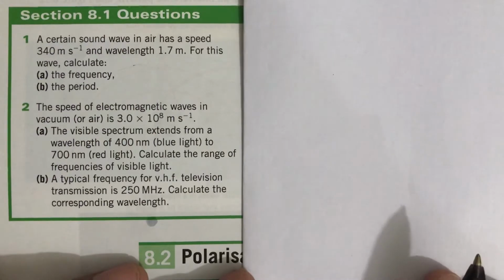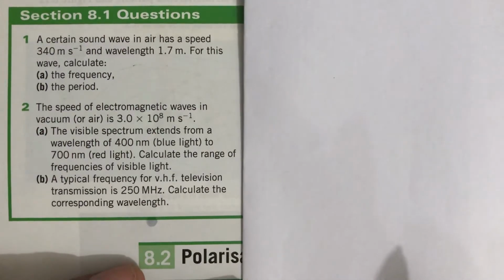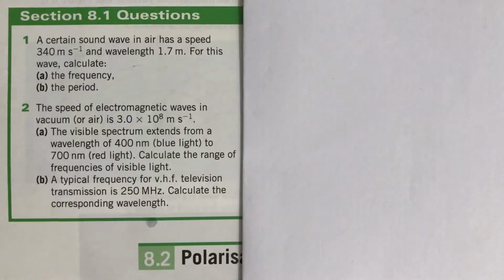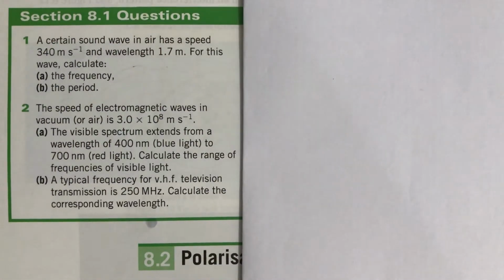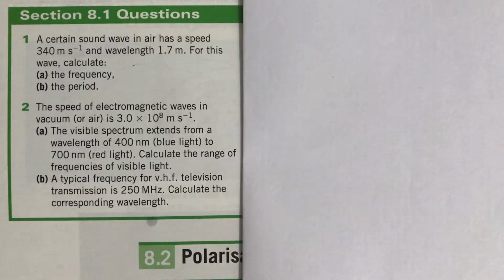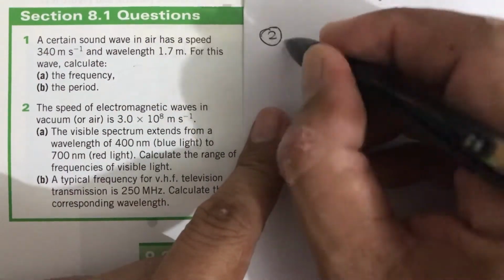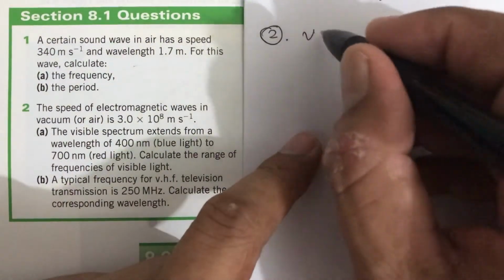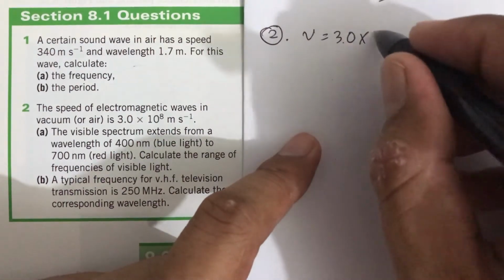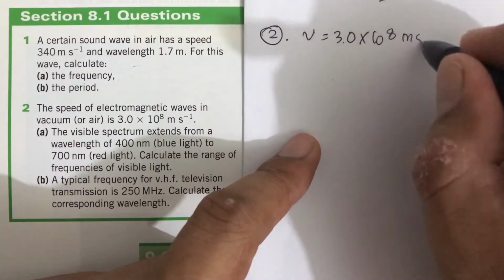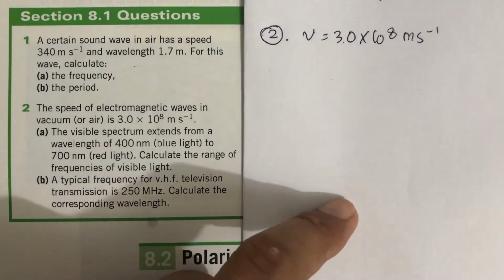Let's read the question first. The speed of electromagnetic waves in vacuum or air is 3.0 times 10 to the power 8 meters per second. So number two, we have V as 3.0 times 10^8 m s^-1, the velocity of the electromagnetic wave in vacuum.